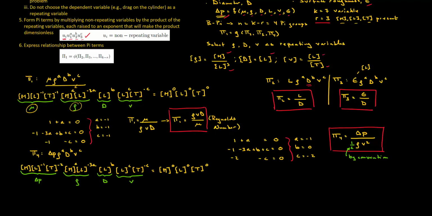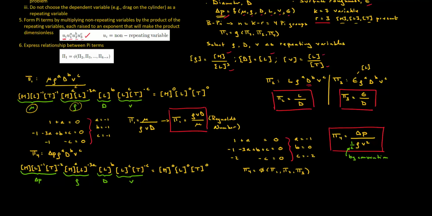But I'm just showing this right now for completeness. So therefore, what we could do is we could express our results now in terms of a relationship between our pi terms, right? So we could do something like pi 4 is equal to some function of pi 1, pi 2, and pi 3.